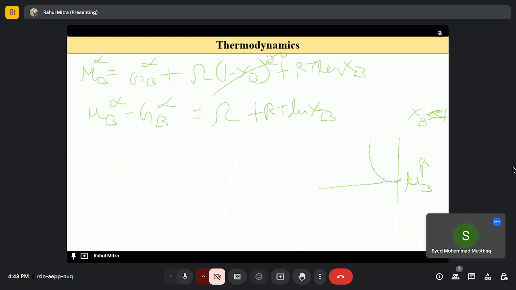Where this curve touches, that will be G B in beta phase. And we know at equilibrium mu B alpha equals mu B beta, that will be approximately equal to G B beta.